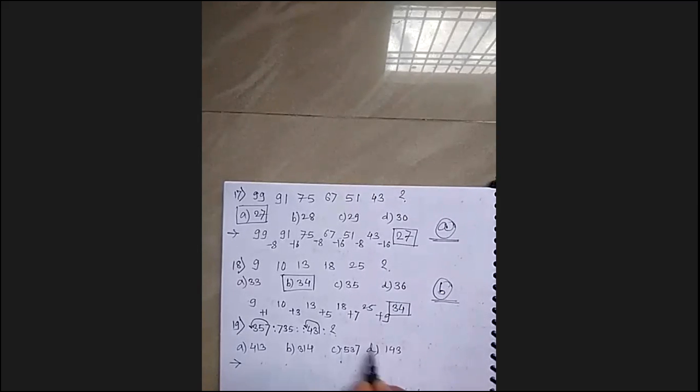Yes, there is relationship. So what relationship is here? This number is being shifted to the left. Now least significant bit is sent to the position of most significant bit, and therefore it has become 735. Likewise, if you send this least significant bit to the most significant bit, it will become 143. And therefore here your option D is there.